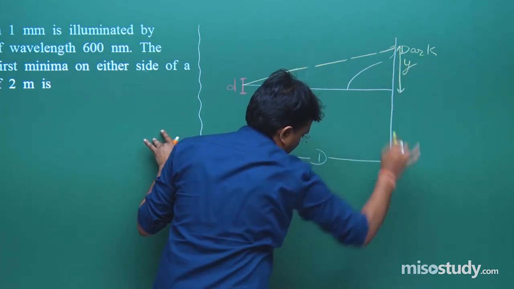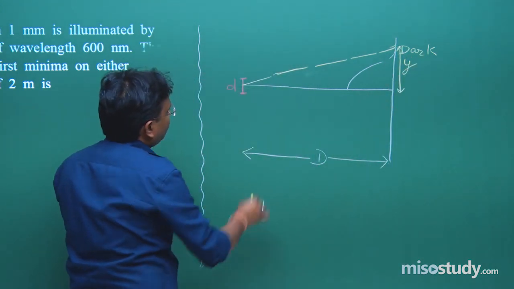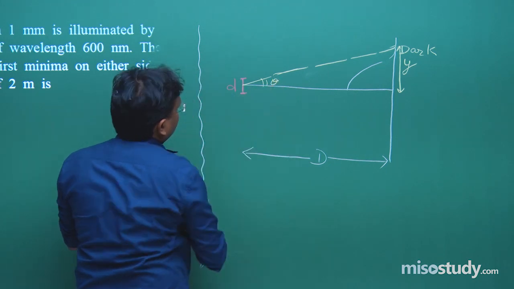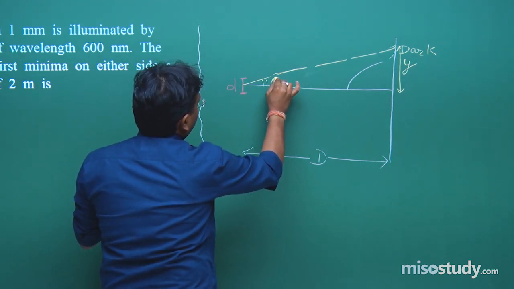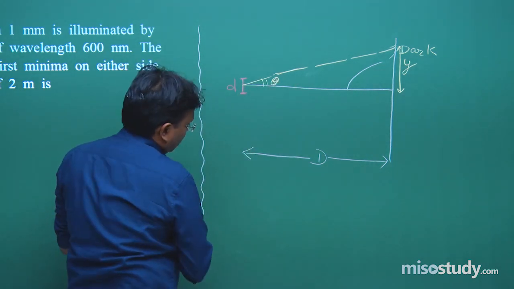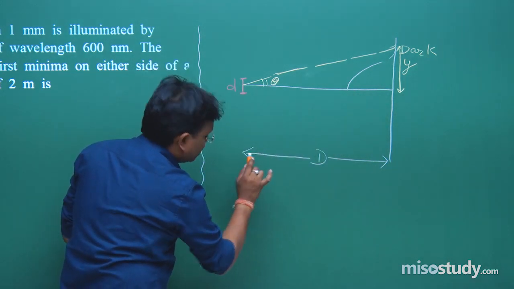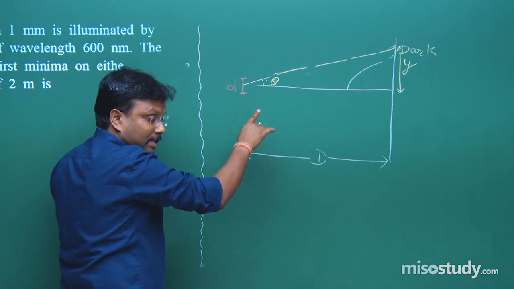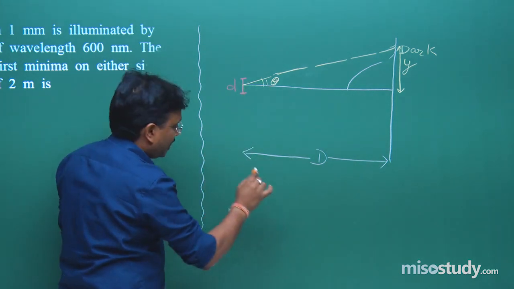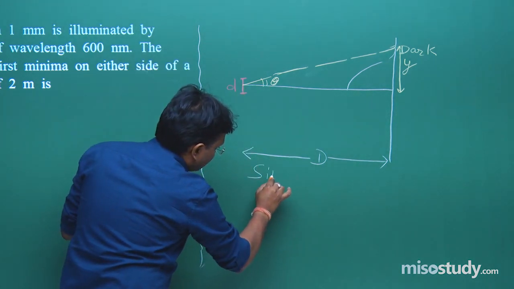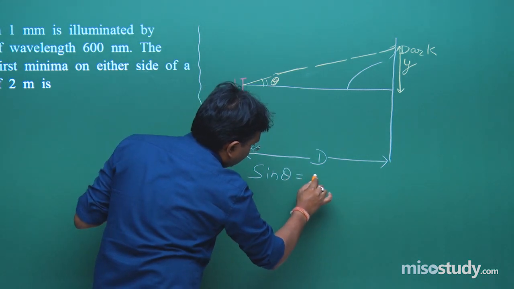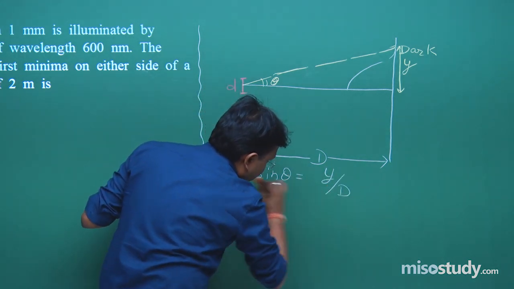Again you can say it is y, no problem, fine. And this angle is theta. Now, let me allow to write down few steps, just few steps, because all these steps in the previous problem I explained. Sin theta is equal to y by D.